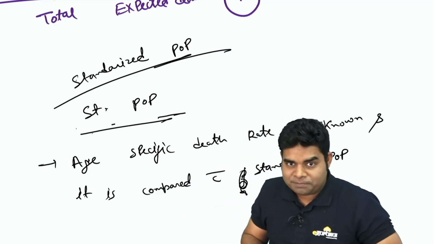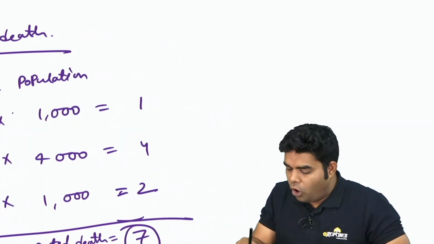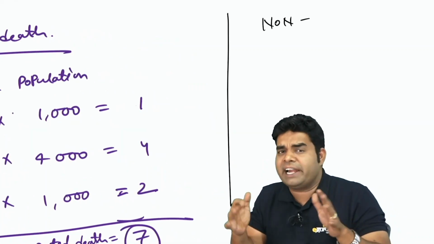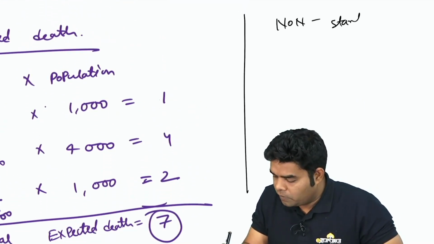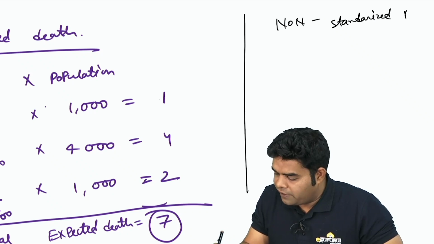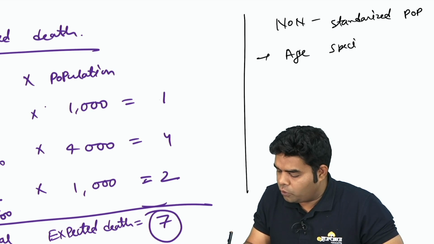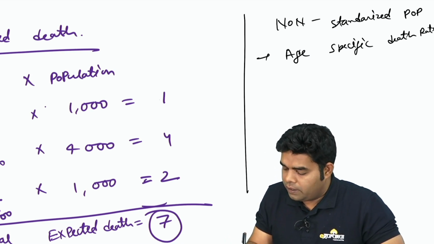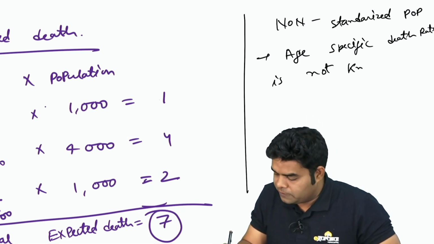And what is a non-standardized population? A non-standardized population simply means whose age-specific death rate is not known. Okay, non-standardized population means age-specific death rate is not known. Okay, and it is not compared with any standard population, of course.